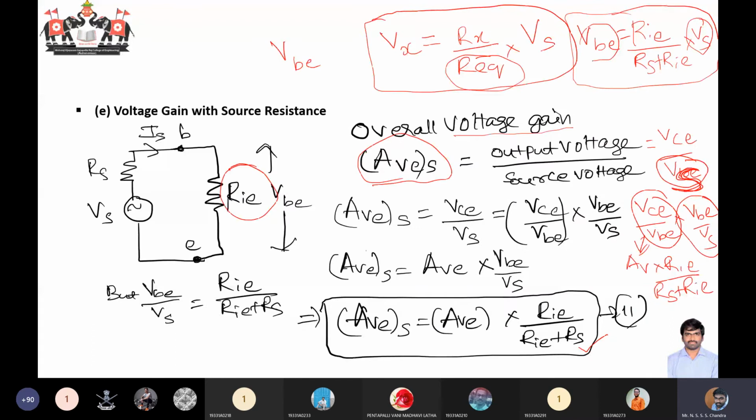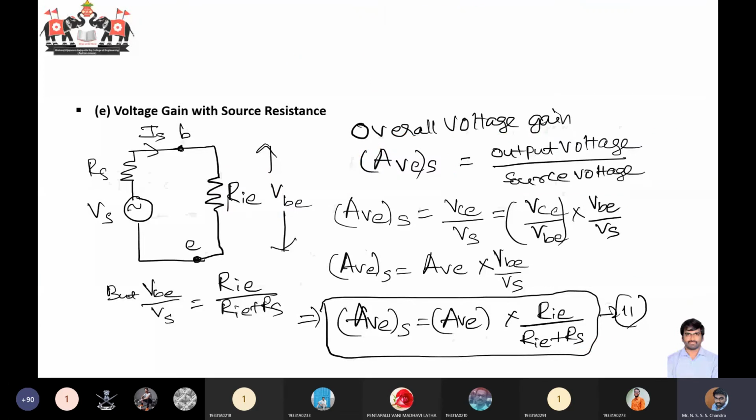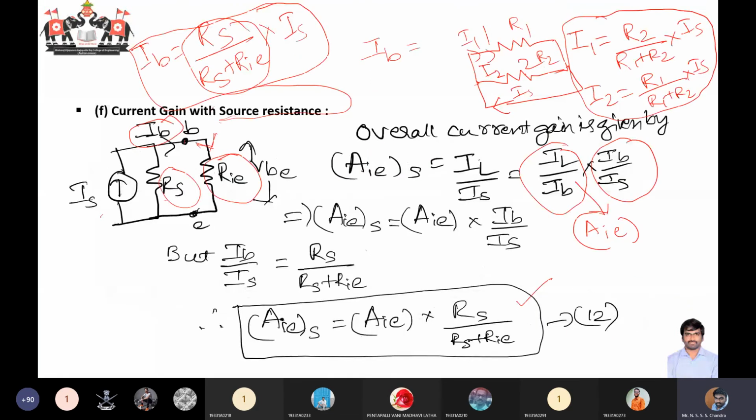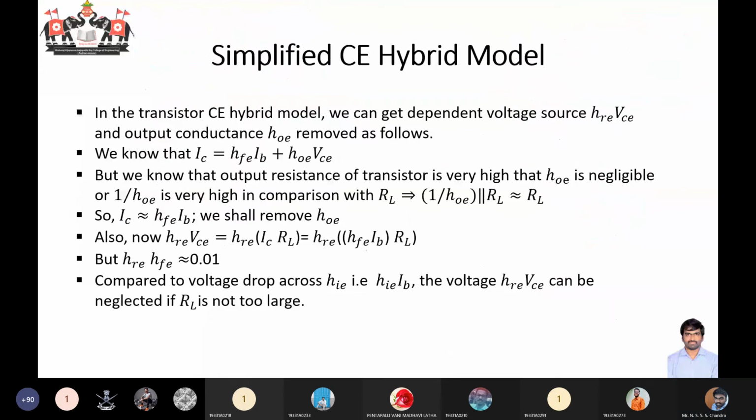And then finally we have to include the source resistance. If you include the source resistance, the voltage gain turns into AVES equal to output voltage by source voltage. Similarly, current gain with source resistance will be output current by source current, IL by IS.